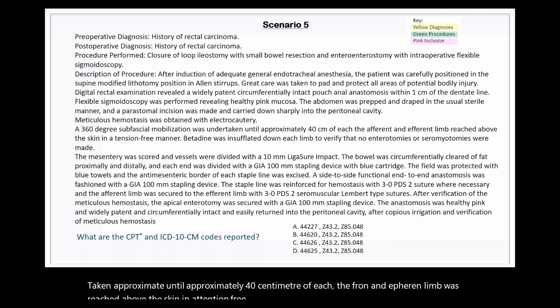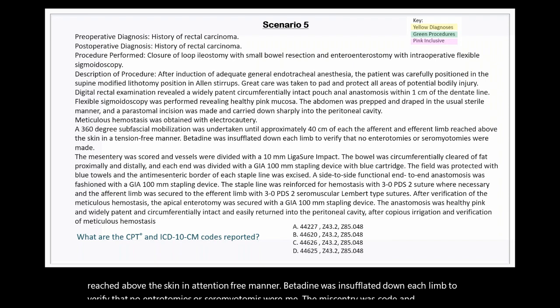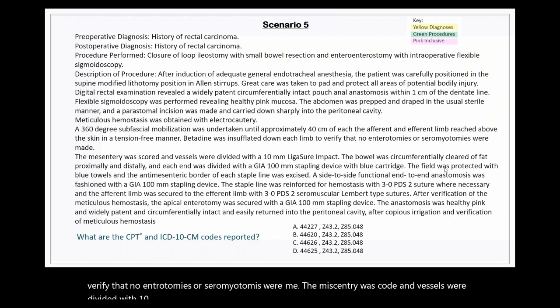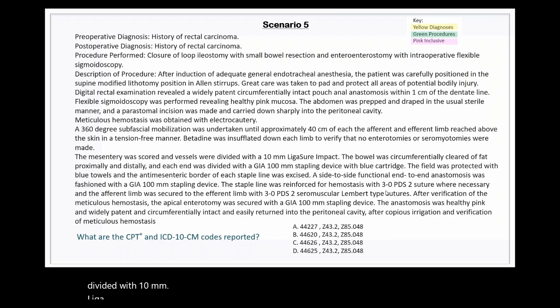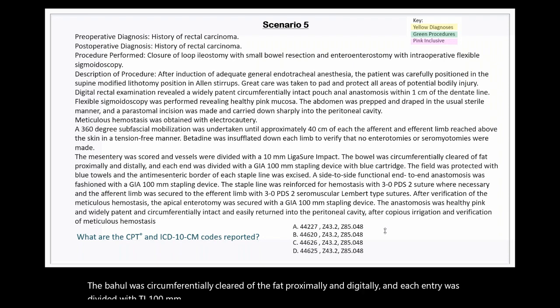Betadine was insufflated down each limb to verify that no enterotomies or seromyotomies were made. The mesentery was cored and vessels were divided with 10 mm LigaSure Impact. The bowel was circumferentially cleared of the fat proximally and distally, and each end was divided with a GIA 100 mm stapling device with blue cartridge.